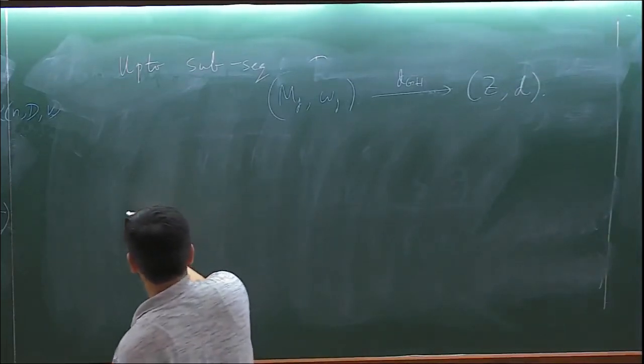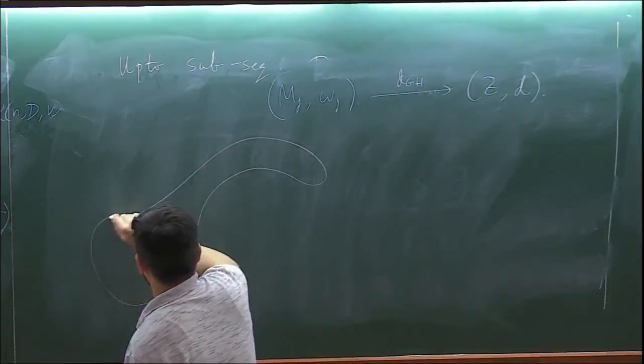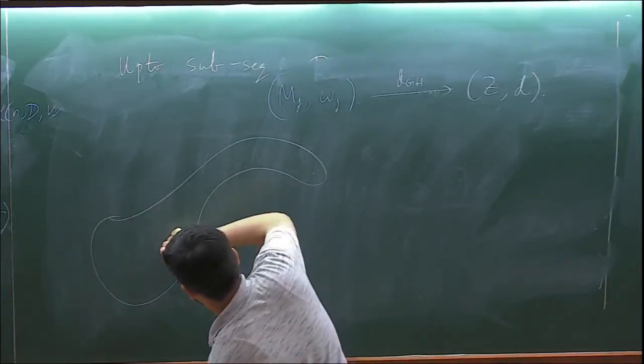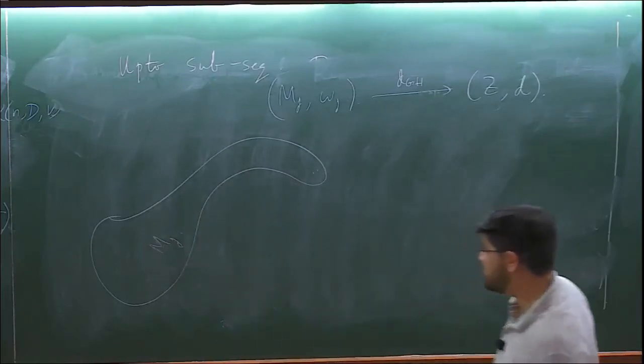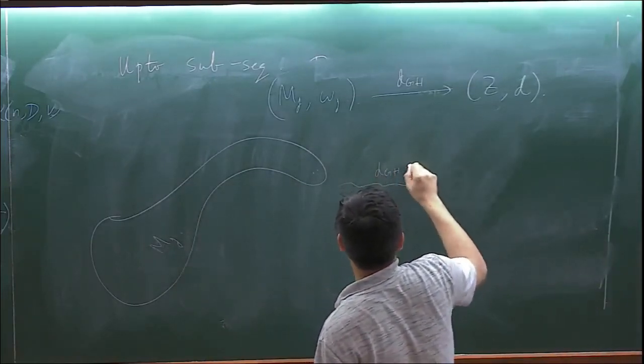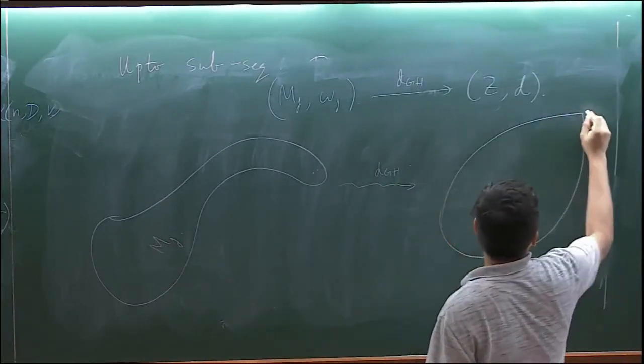So what might happen is you have these manifolds Mj which converge in the Gromov-Hausdorff sense to something that's a priori only a metric space.